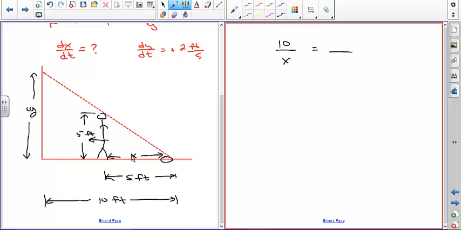The corresponding side to this within the smaller triangle would be that one, and the corresponding side to this in the larger triangle would be that. So for x, we'd have 5, the corresponding length. It's this side to that side, this side to that side. You compare that to that, and relative to the larger triangle, you'd end up with that. Okay, so let me just draw a triangle.